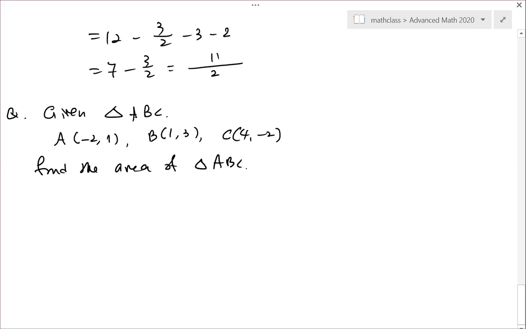If you get an answer, let me know. First you have to draw the rectangle to cover the triangle. Then you get the area of the rectangle and subtract the area of the three right triangles.